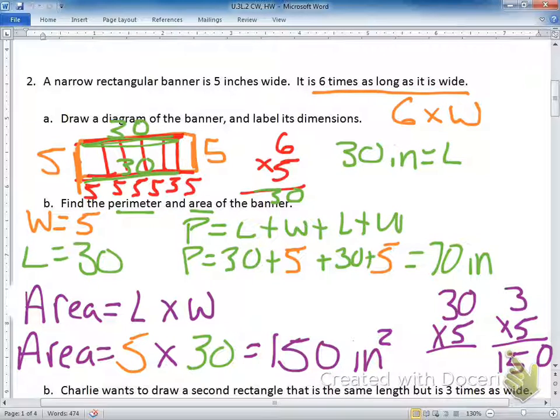Okay? So those are numbers 1 and 2 of our problem set from today, to give you a refresher of what we did in class, or to help you understand better what we did in class. As a reminder, since this is the first video, on Schoology there are all your homeworks and your problem sets. If you, for some reason, lost yours in between class and going home, the lessons are on there, and same with the problem sets.